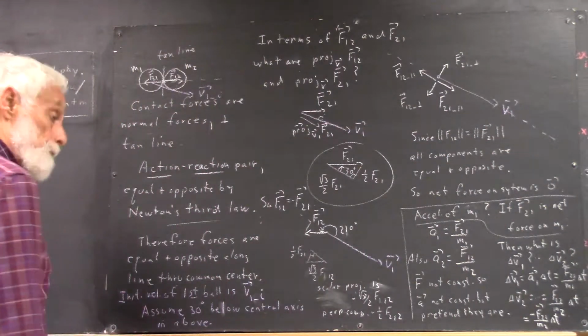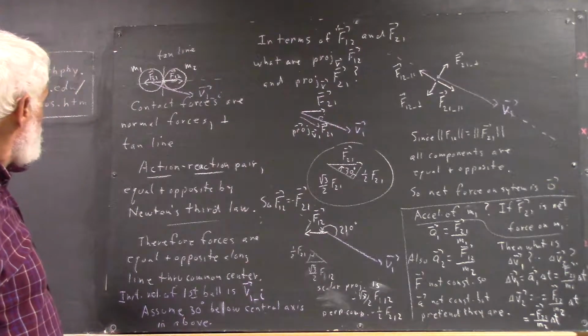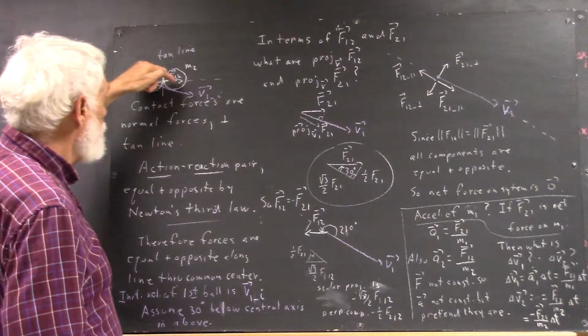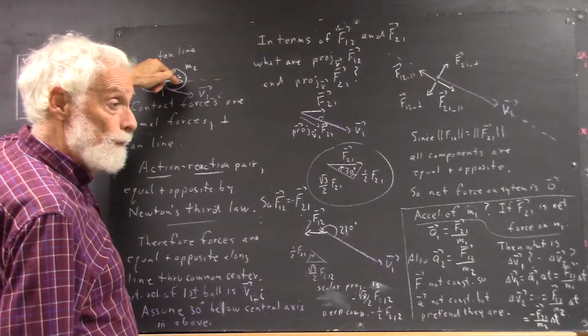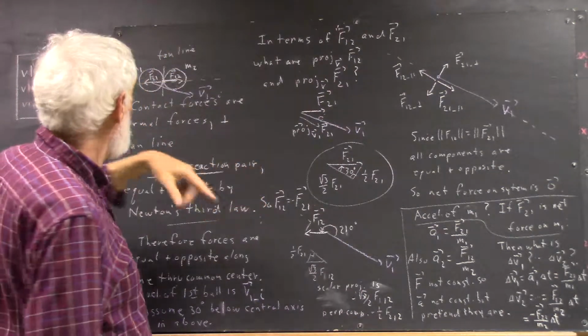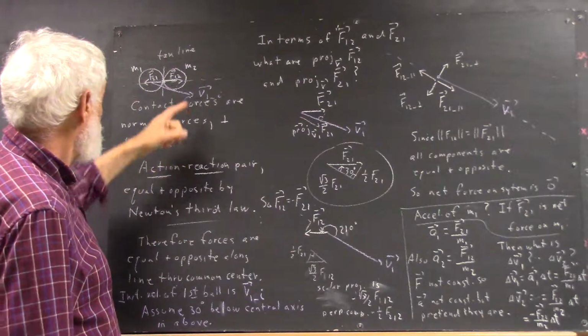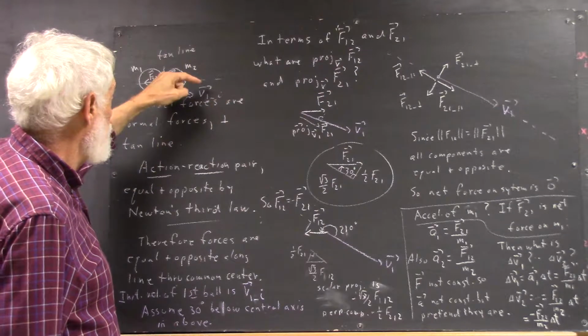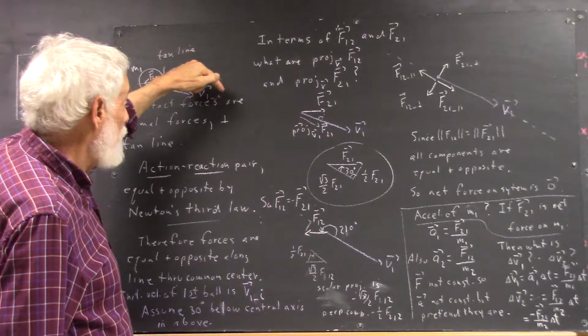Okay, so the direction of approach was not along the line joining the centers. Well, the target ball was stationary, so the only velocity we had prior to the collision was the velocity of the first ball. So I'm going to call that V1 initial, V1I.